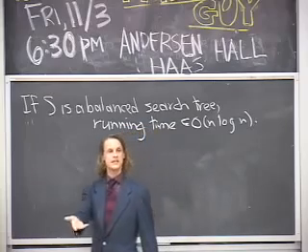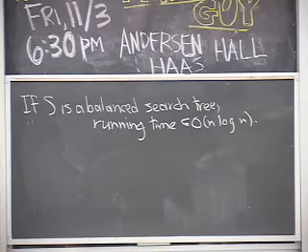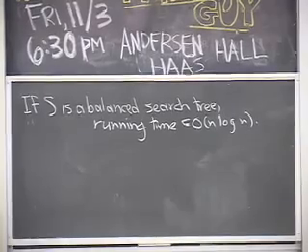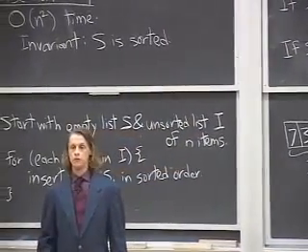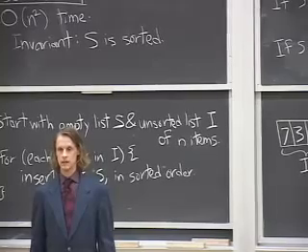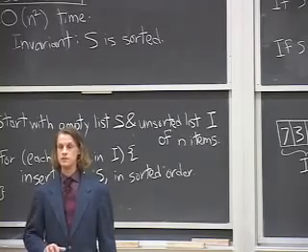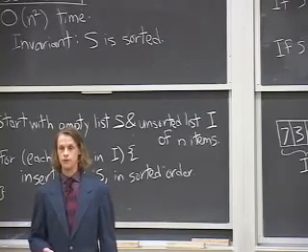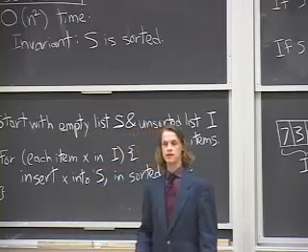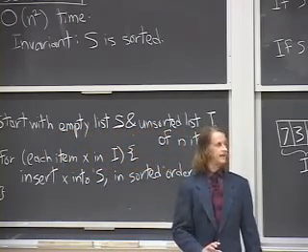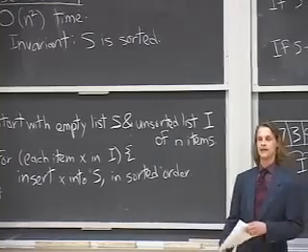Before we do, any questions? Yeah. I'm referring specifically to data structures like 2, 3, 4 trees or splay trees that guarantee that the tree always stays balanced. So that's important.